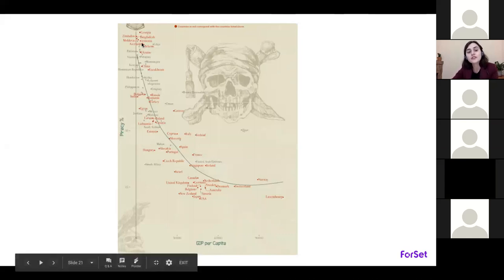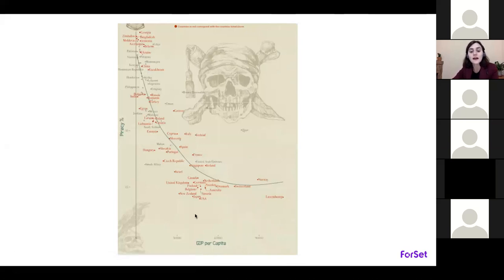We put these two variables for all those different countries in a scatter plot, and as you see in the chart, we see some kind of trend line. So we can see that as the GDP per capita is increasing, the piracy level is decreasing.